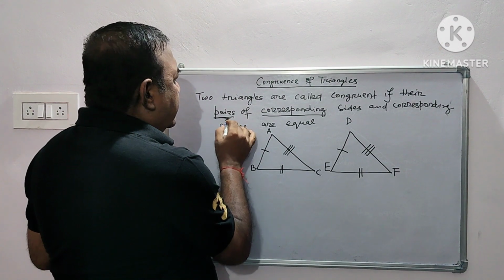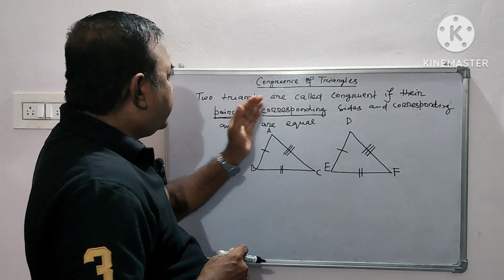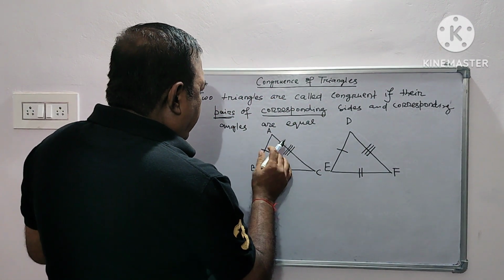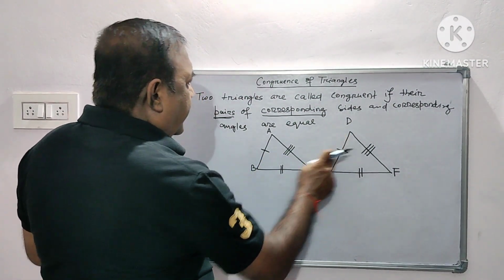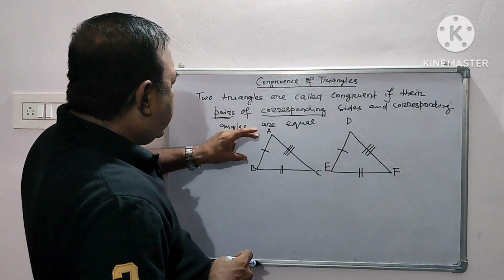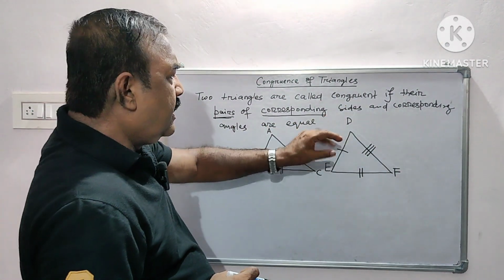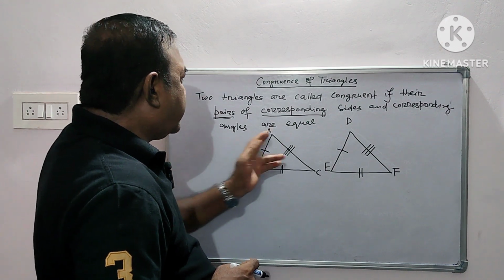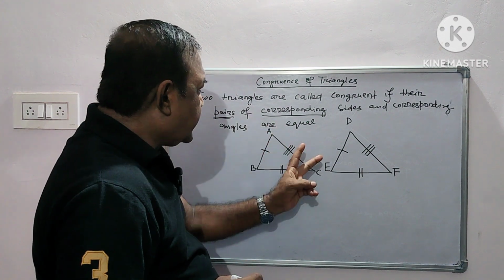In one pair there are two sides. That means side AB of triangle ABC and side DE of triangle DEF is one pair. So the length of AB of one triangle is equal to the length of DE of the other triangle. This is the corresponding side. This is a pair, and these pairs should be equal.